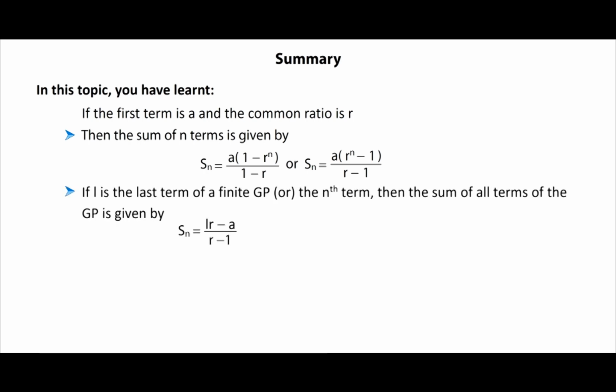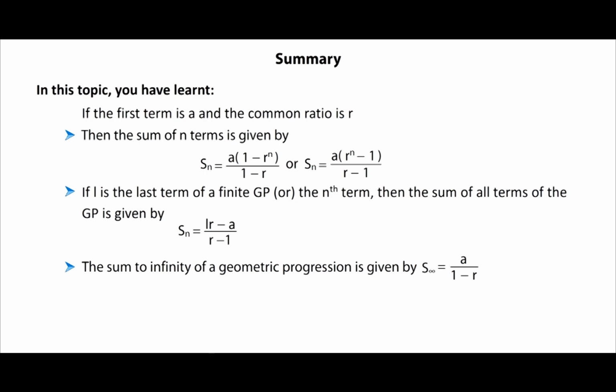If l is the last term of a finite GP, or the nth term, then the sum of all terms of the GP is given by Sn is equal to (lr minus a) divided by (r minus 1).